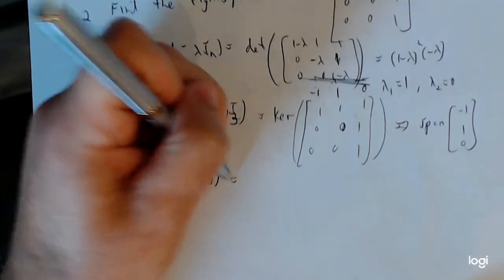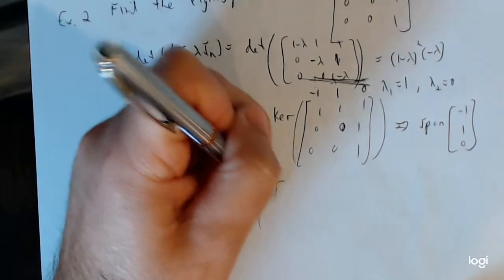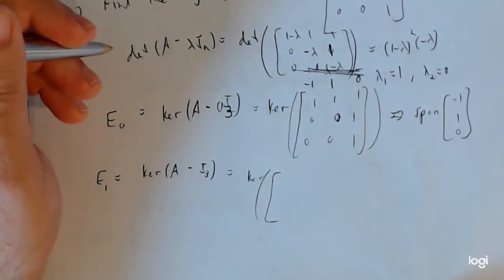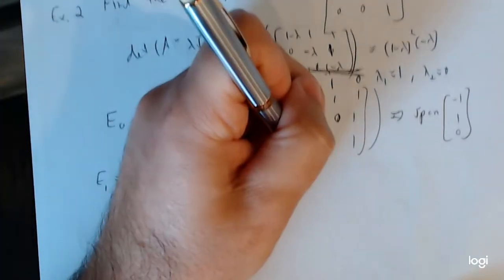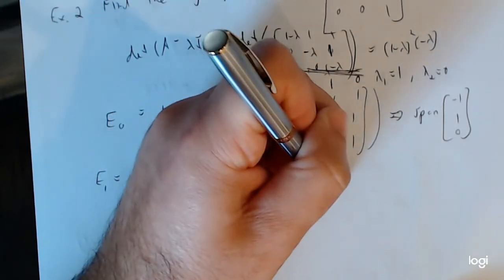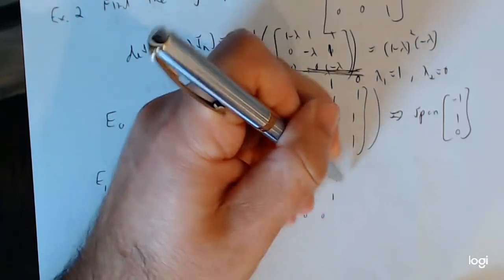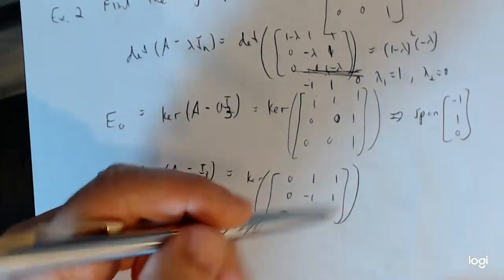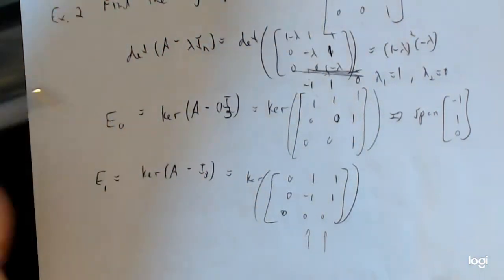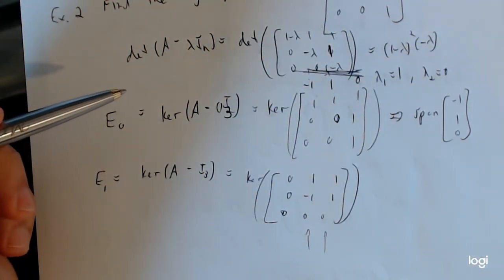And what does that give us? That gives us the kernel of, what matrix is this going to be? It'll be 0, 1, 1, 0, negative 1, 1, 0, 0, 0. And what do I notice about the last two columns here? They're linearly independent.